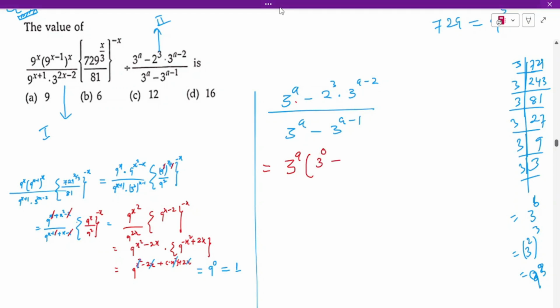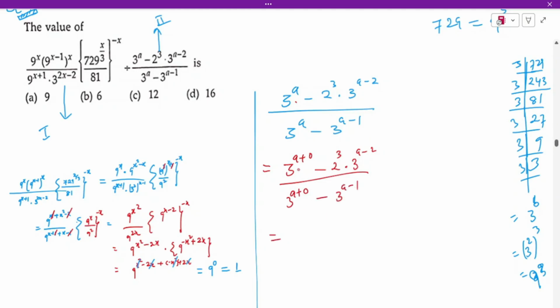And in the second expression, if we are not getting this one, let's just try to figure it out. 3 to the power a means we can write it as 3 to the power a plus 0, because 0 is the additive identity, right? And this is 2 power 3 times 3 to power a minus 2. The same way we'll write in the denominator 3 to power a plus 0 minus 3 to power a minus 1.